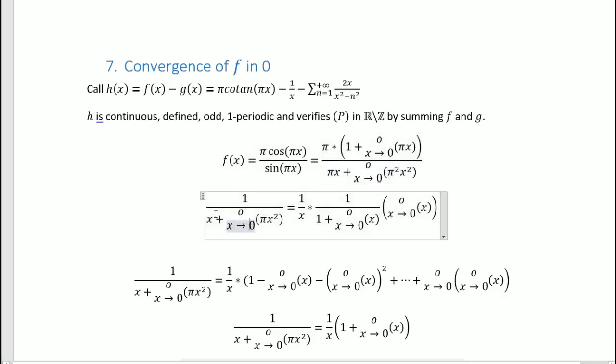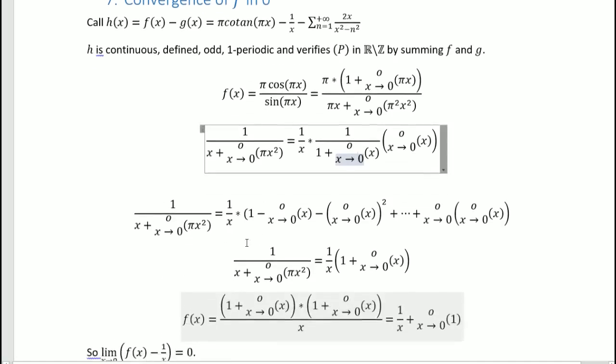So this equals to this by factorizing by 1 over x. And the pi gets away because of the fact that it's the O operator, so it doesn't really matter. So we get this, yeah.